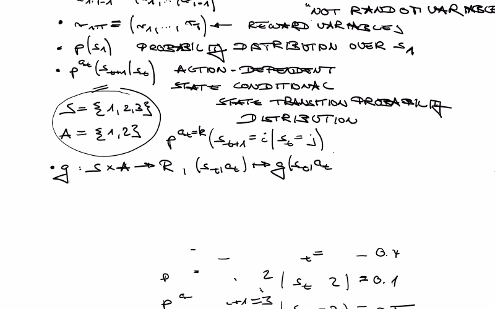The problem is now that the states are random, and although this is of course a function, there's no randomness involved, but what you do is that you transform a random variable, namely s_t, through a deterministic thing, and then what comes out is again a random variable.